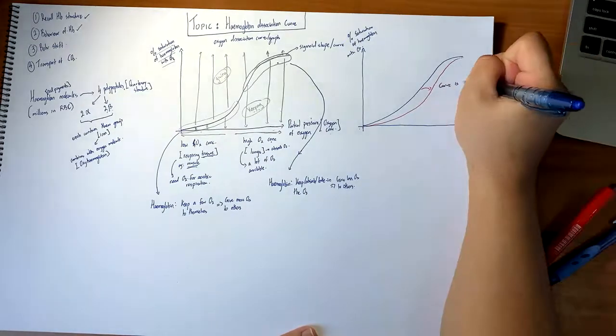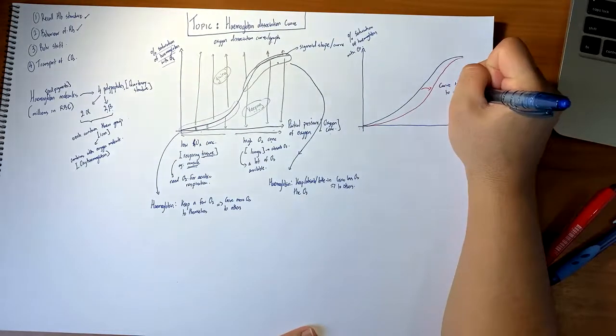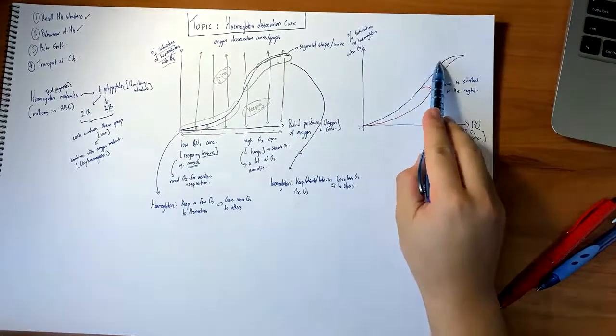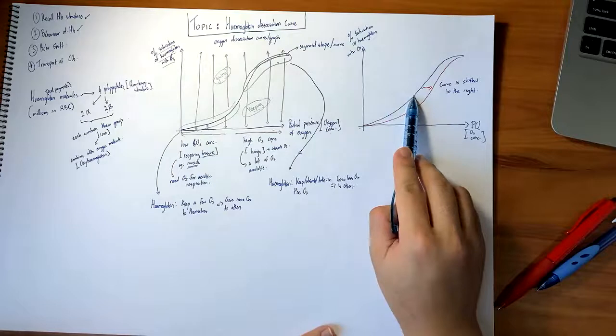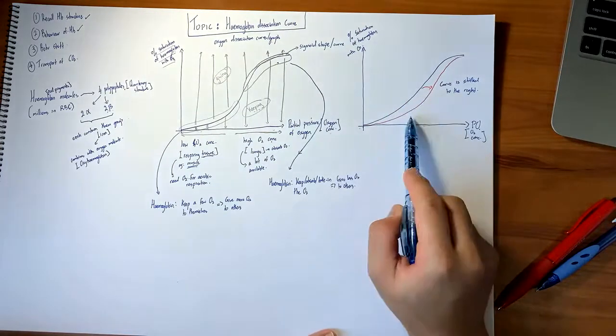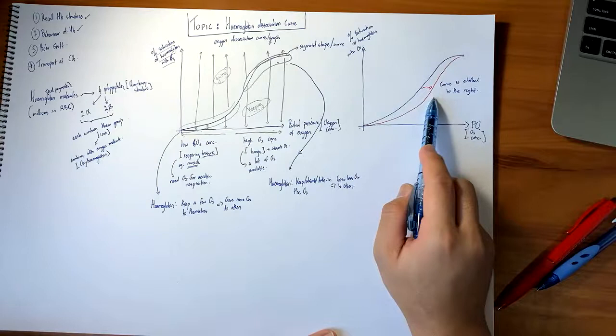The curve is shifted to the right. Okay, so maksudnya yang ni awal-awal curve-nya ni ia makin ke kanan. So makin ke kanan maksudnya apa? So ia makin apa tu even at higher partial pressure of oxygen, slightly higher.